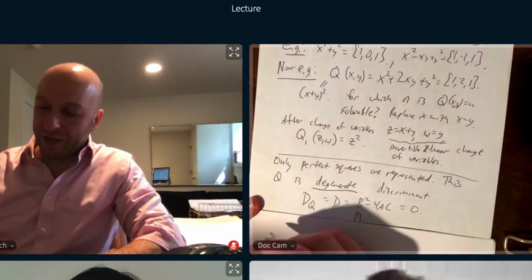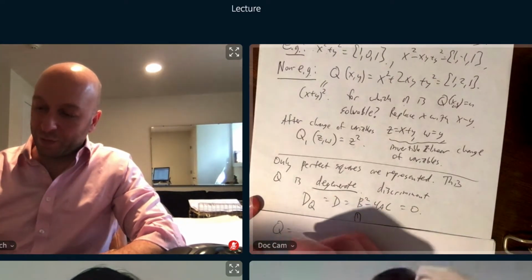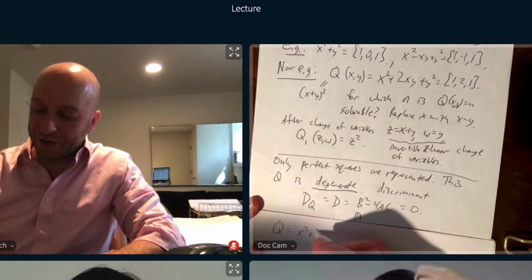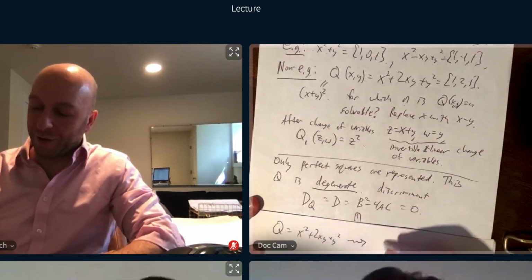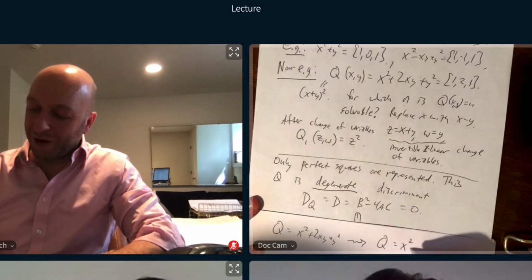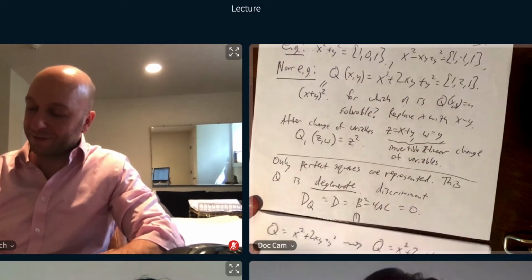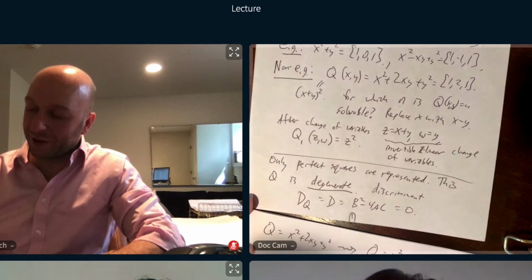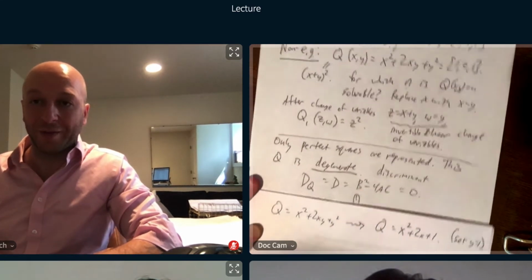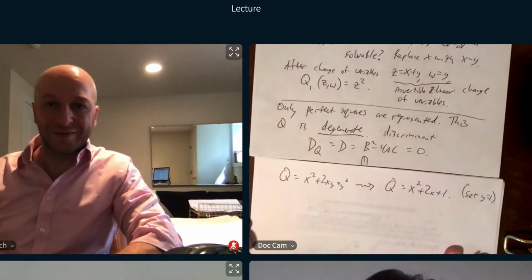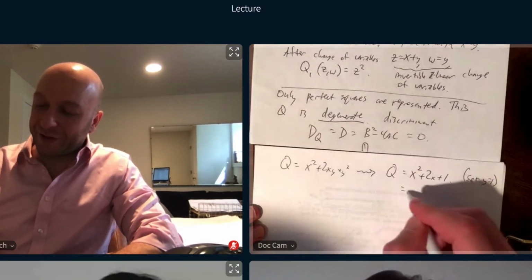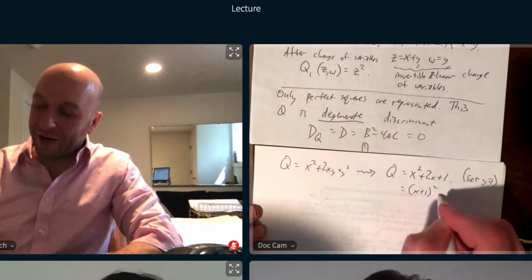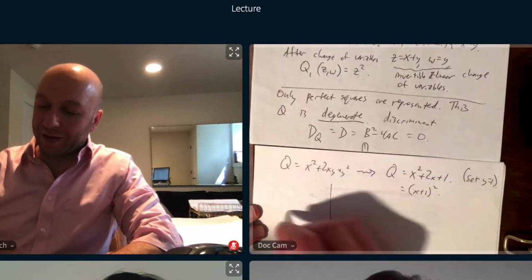So if we take this quadratic form q, which was x squared plus 2xy plus y squared, and convert it into the quadratic polynomial x squared plus 2x plus 1, in other words, set y equal to 1, then this factors as x plus 1 squared. So what does this parabola look like?